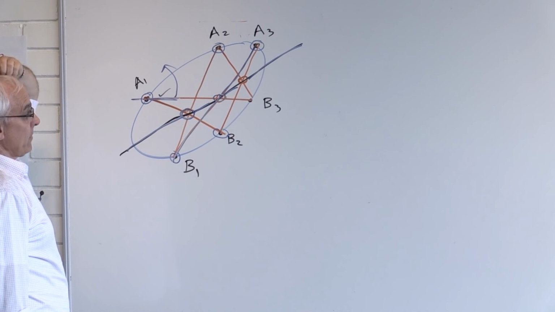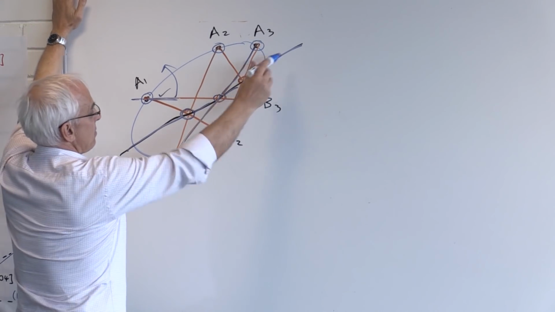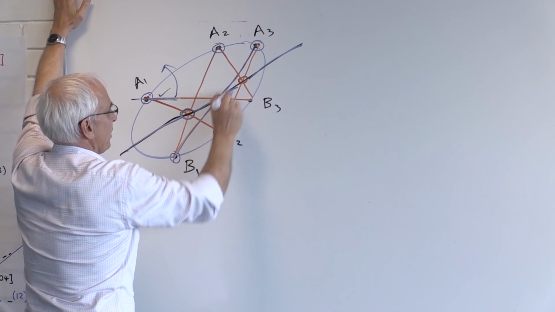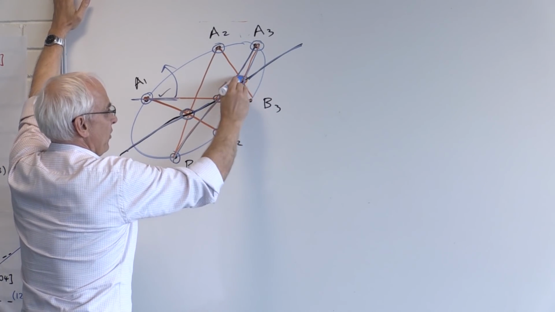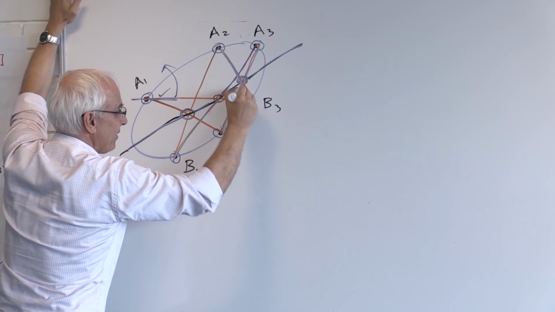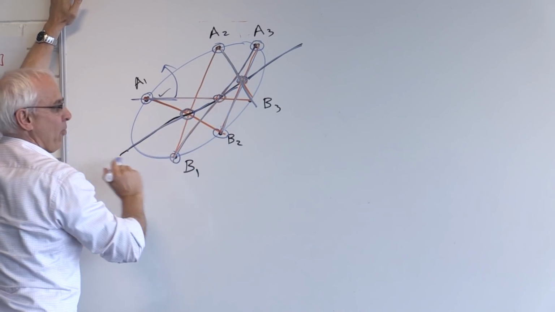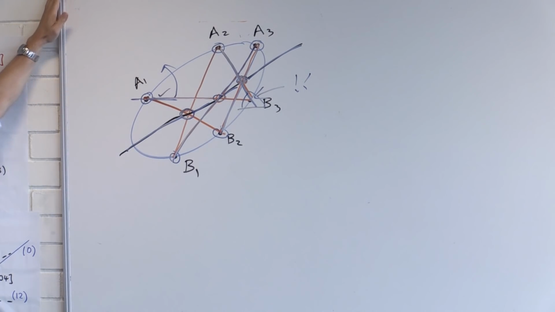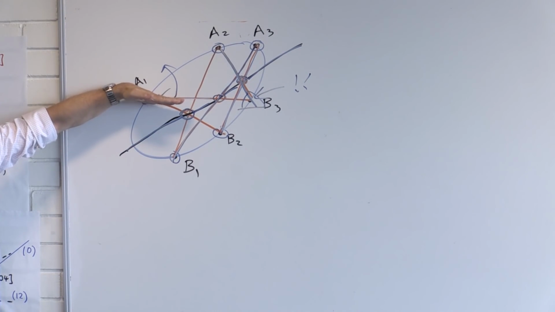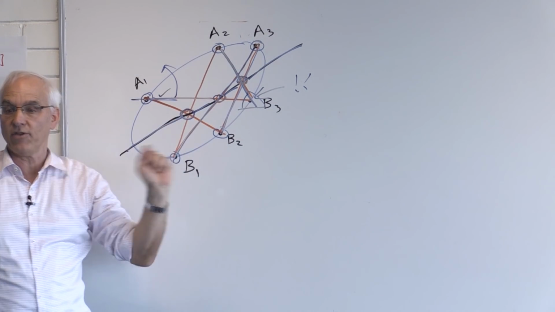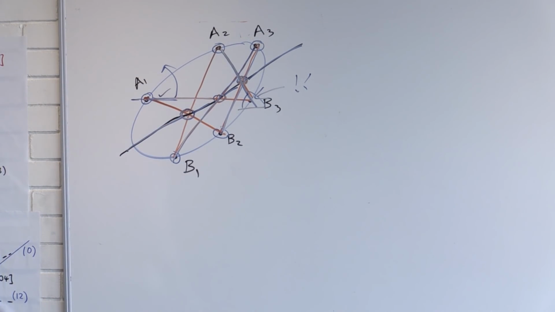And having that line, and also knowing this point and this point, we also know this line, so we know this point. And so now we know this point, and we've said that we know this point, so now, ta-da, we've gotten the B3. And as this line rotates around, this B3 will trace out the conic.